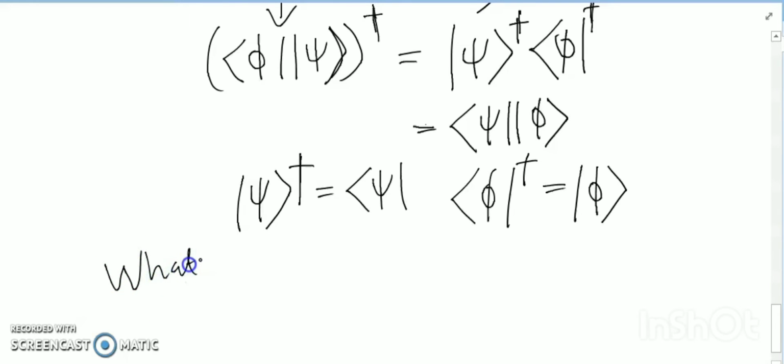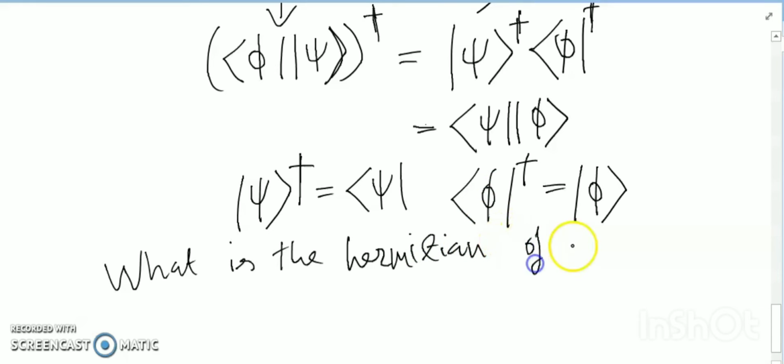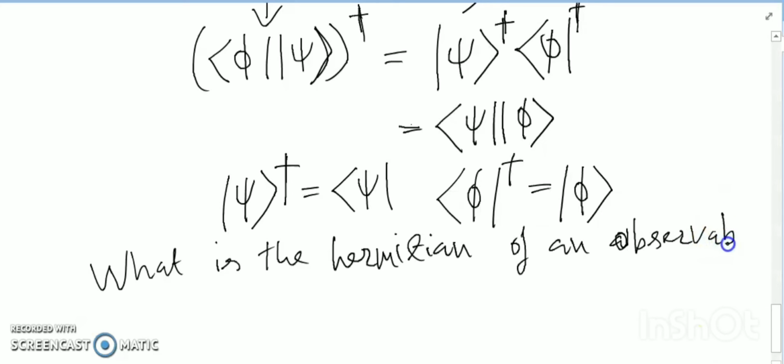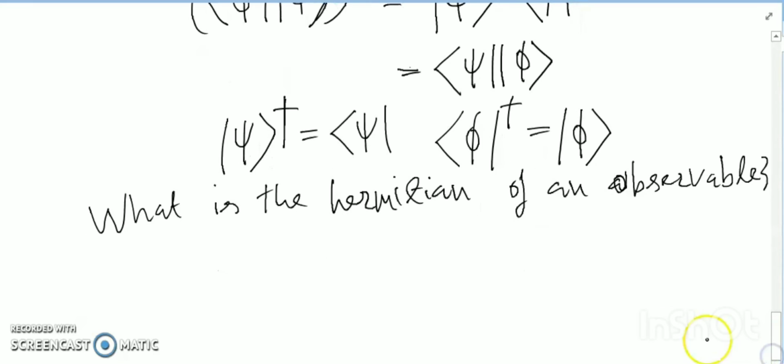This is the great question. So we can write this as the observable.